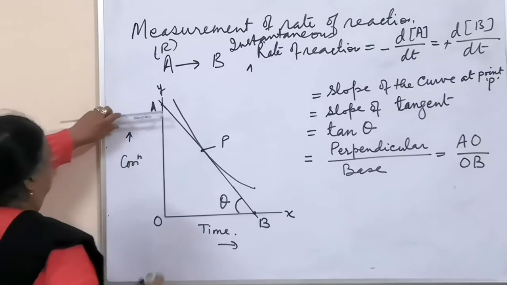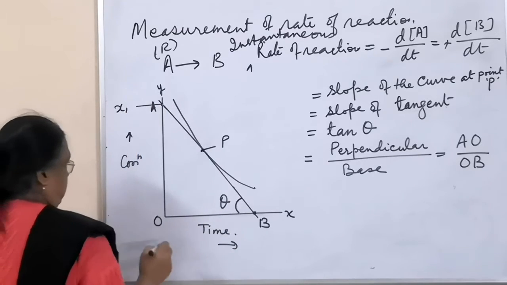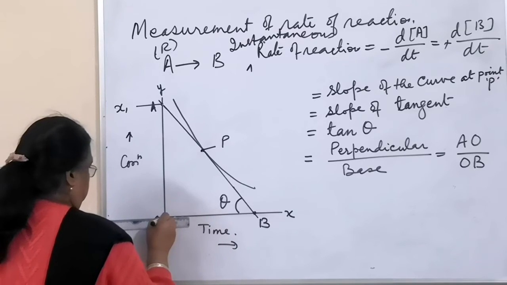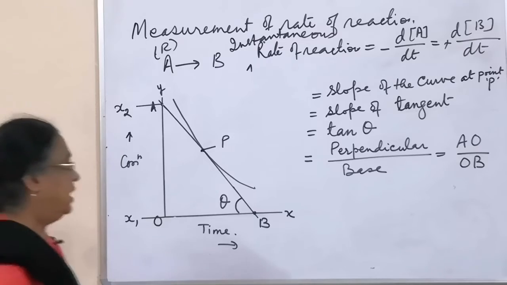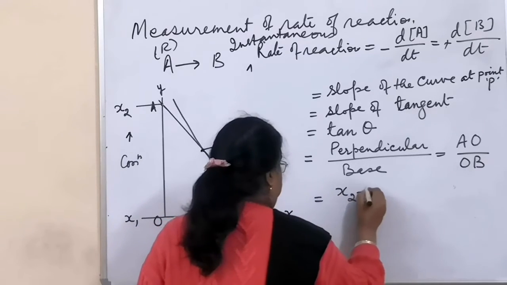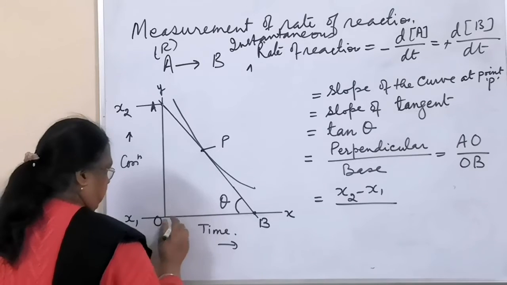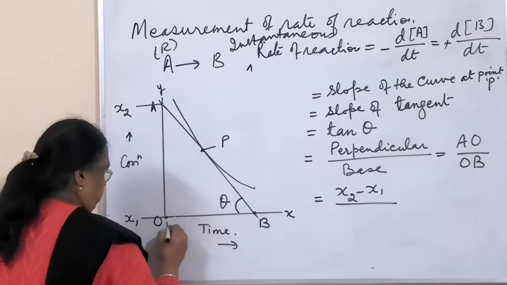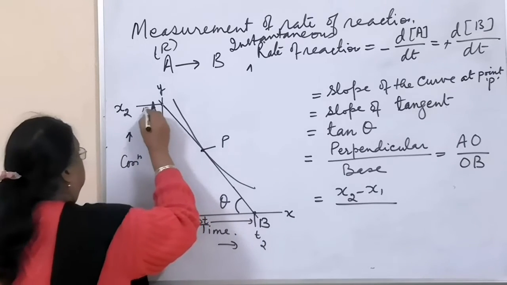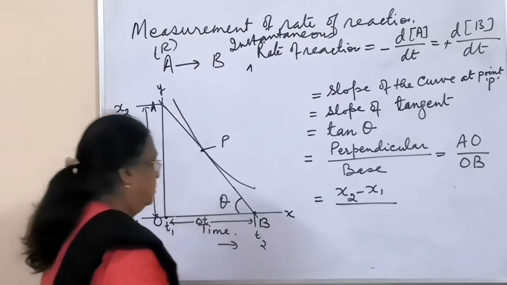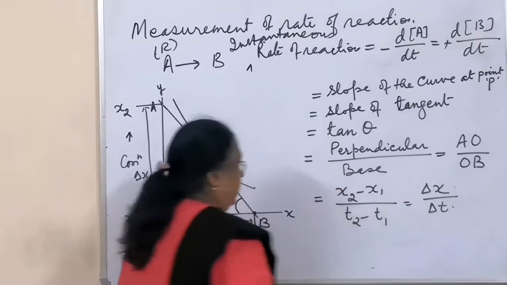If this is your initial concentration x1 and this you take as final concentration, here it will be x2 minus x1, and if this is your T1 and this time is T2, this difference is delta T and this difference is delta X. So this will be T2 minus T1, equal to delta X upon delta T.